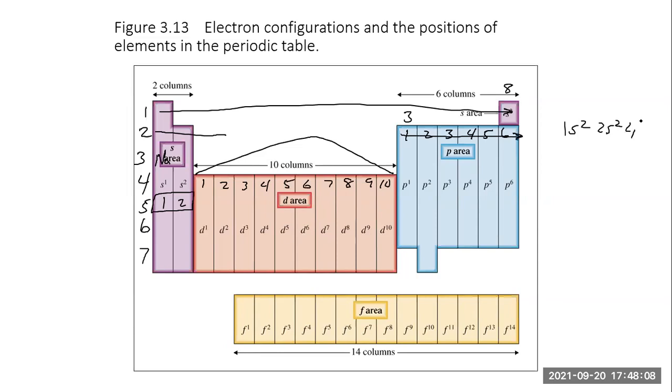That would take us to neon, right? If you're looking at a periodic table, we're at neon. And then one more here would be 3s1. So you literally could count off the electron configuration from the periodic table.